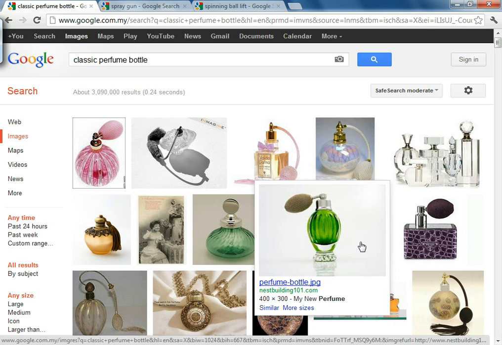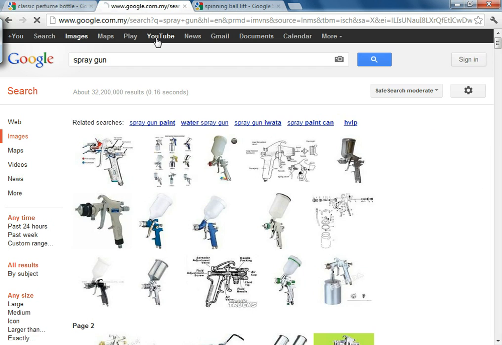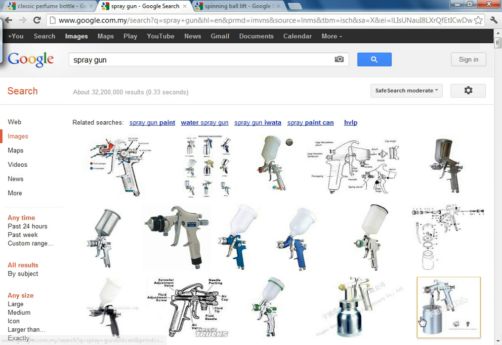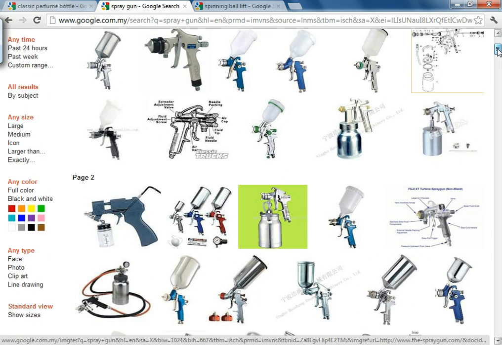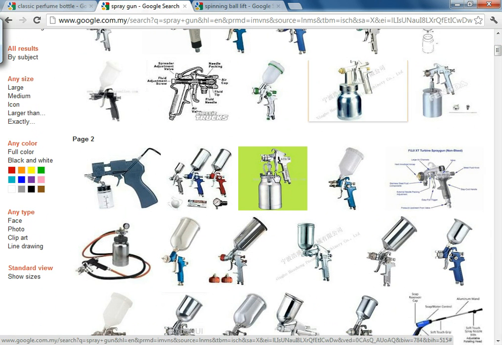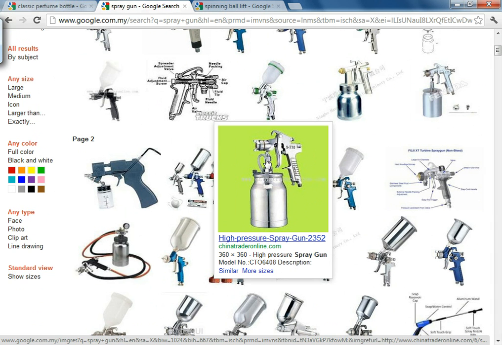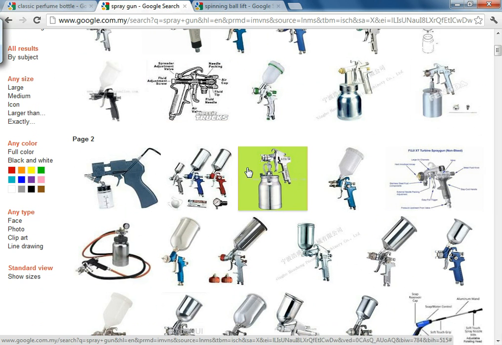Okay, another example you've seen before, a spray gun. Some have the spray can above, some have the spray can below. Same principle. The air from the compressor gets fed into a very tiny pipe here. Within this chamber, the pressure drops significantly enough to suck the liquid up and spray out.